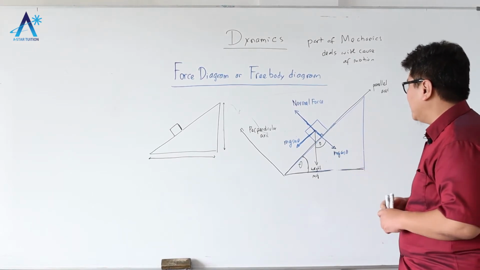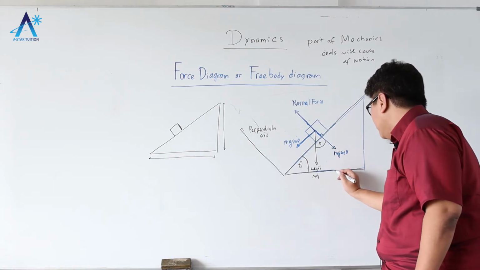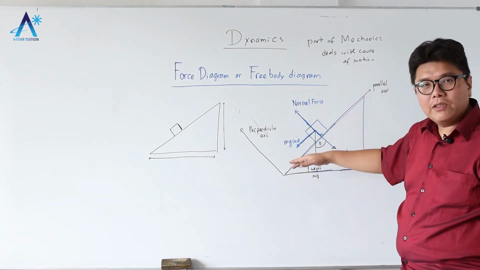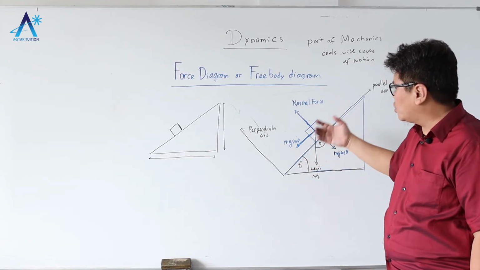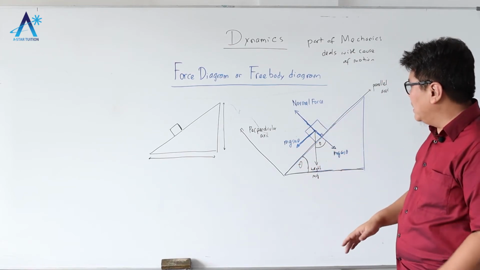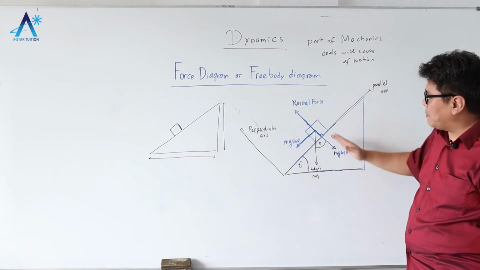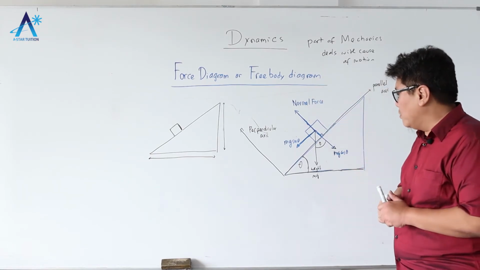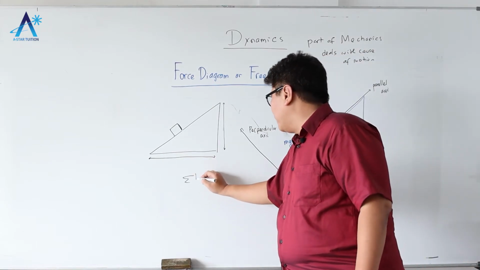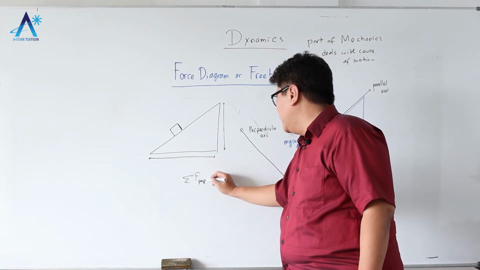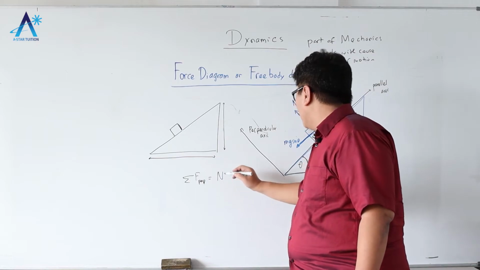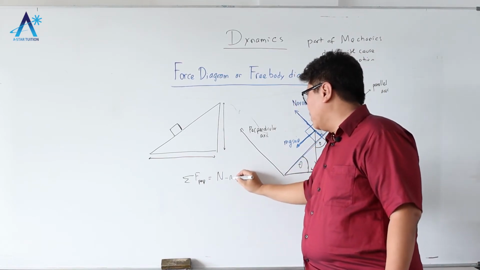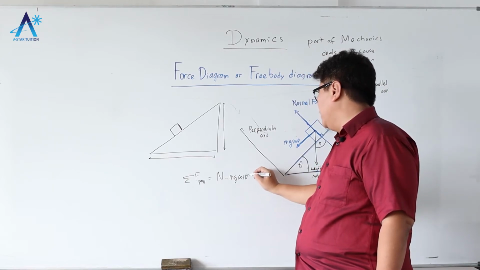Now remember what I just mentioned earlier, that if the object is to never leave the surface, or is constrained to move within the surface, then the sum of all forces in the perpendicular axis is always 0. So sigma F perpendicular consists of the normal force, N, minus mg cos theta, and this is equal to 0.